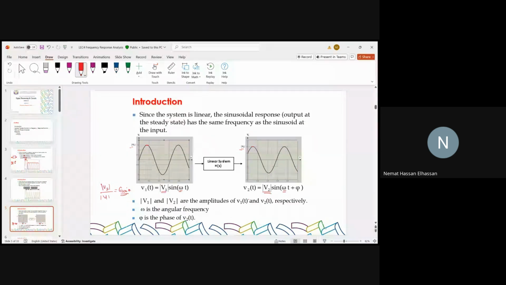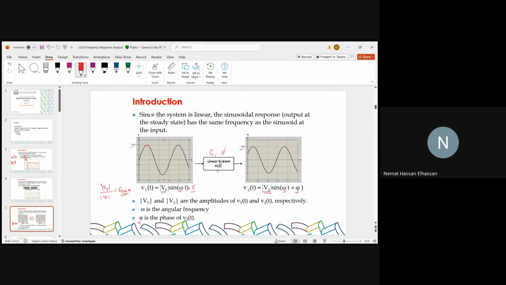Then there is the phase shift, the difference between the input and the output. Here the input phase shift is 0 degrees, and here it's phi. So phi is the phase shift of this system. This system has gain and a phase shift, which is the same expectation for all systems.